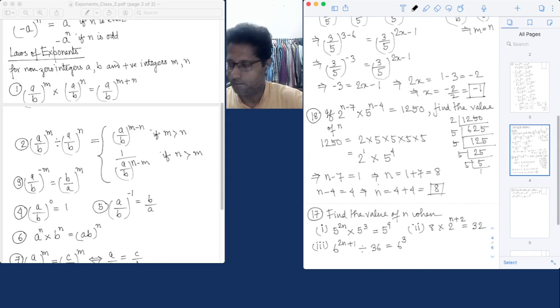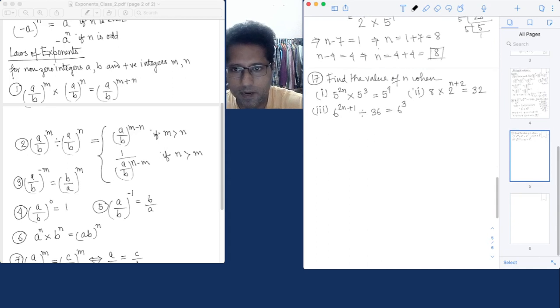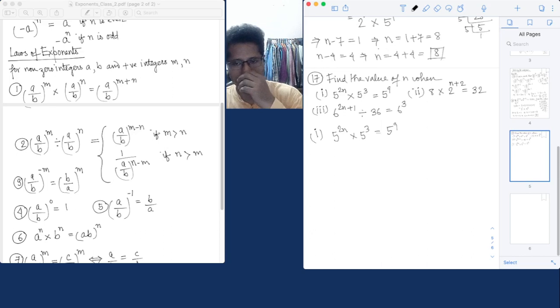Okay, let's solve question number 17. There are three parts. The first part says 5 to the power 2n multiplied by 5 raised to the power 3 equals 5 raised to the power 9. So the concept is the same.